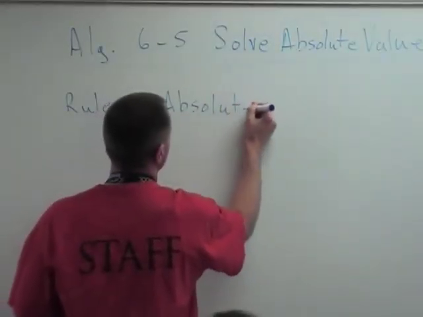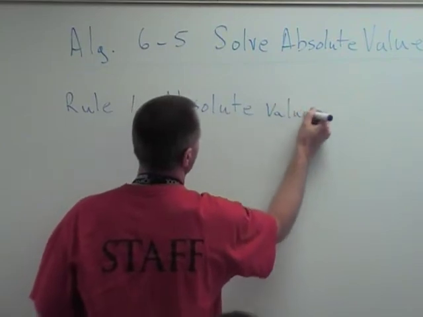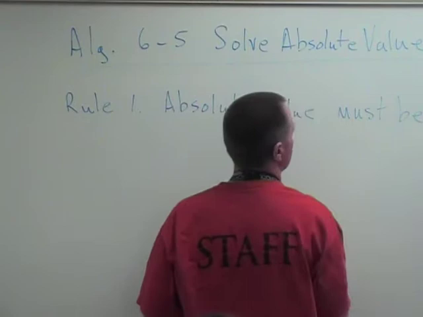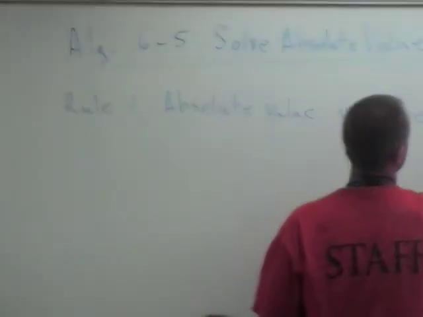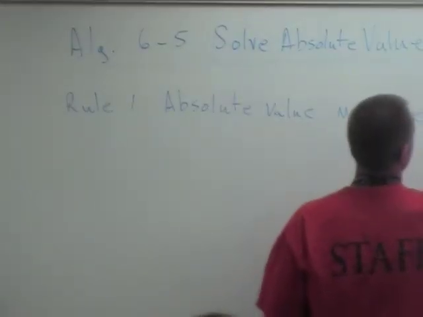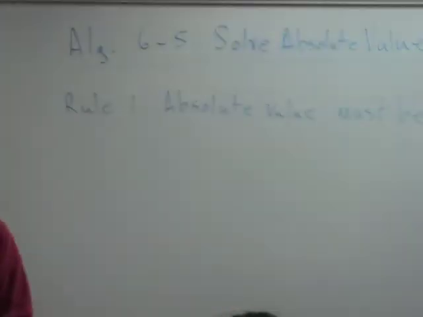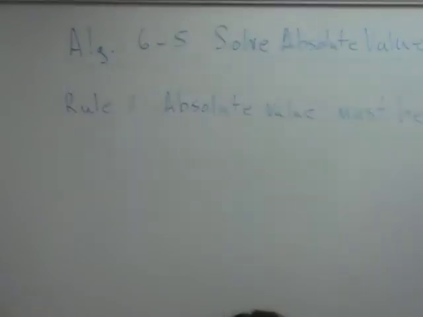Absolute value must be by itself. There must be nothing attached to it. That's rule number 1. So that means get rid of everything else. Whatever's inside the absolute value is okay. If there's something attached to it on the outside, get rid of it. Understand?